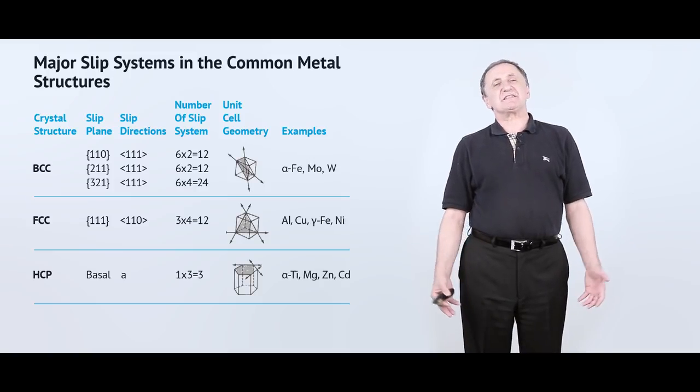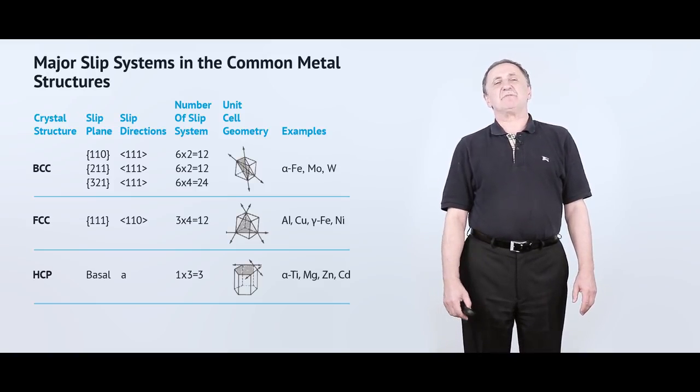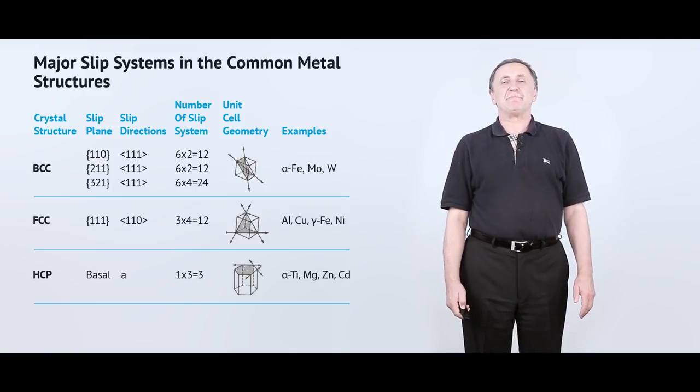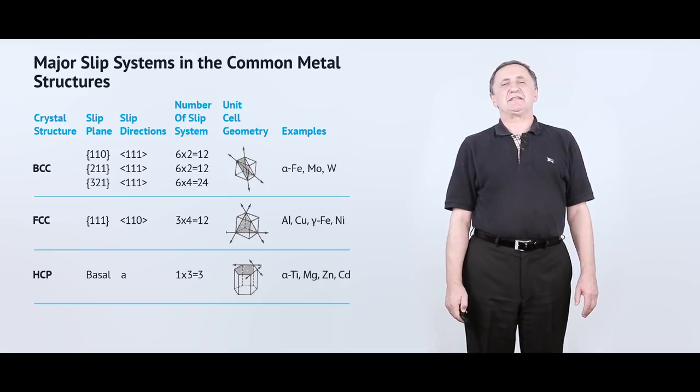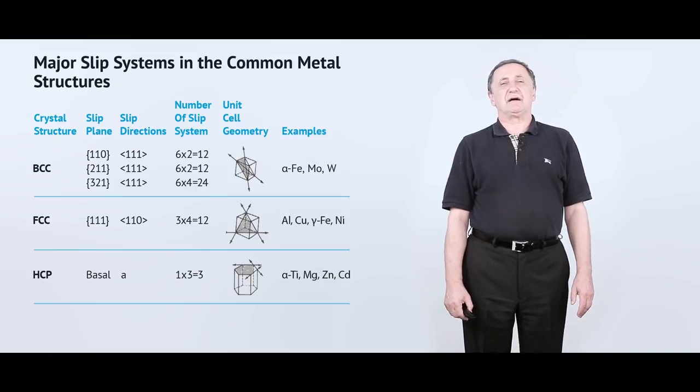For the HCP system, we have only 3 slip systems. It means that we can expect that sigma yield and sigma tensile strength should be higher for this type of metals and alloys. And indeed, titanium and magnesium have in general higher strength and higher brittleness.